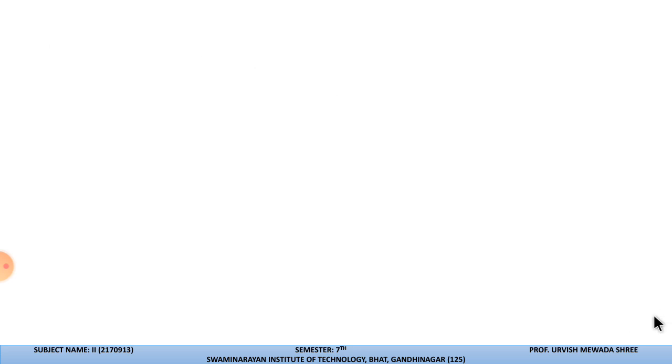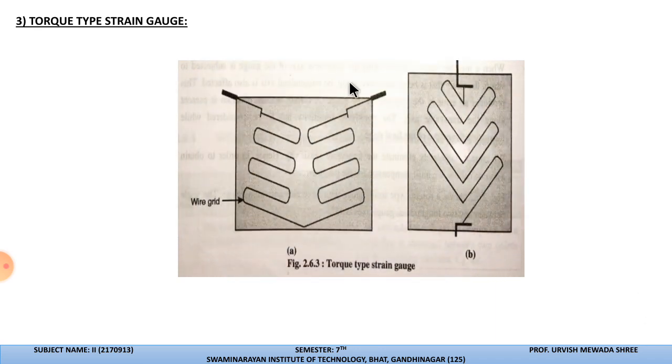Now we move towards the third type, and that is the torque type strain gauge. You can see the shape and placement of the wire over here, it is like a shape on the tire surface.